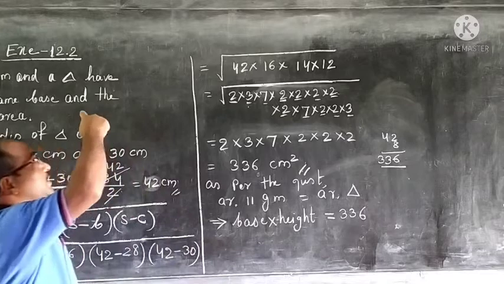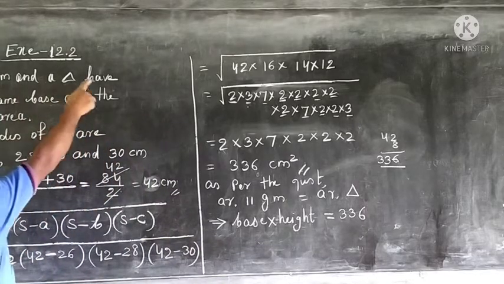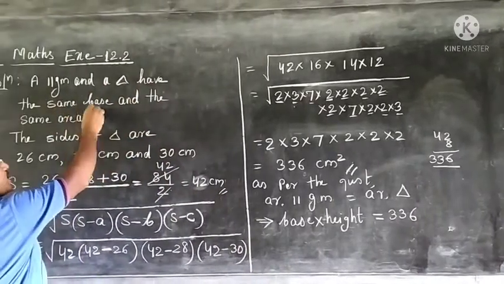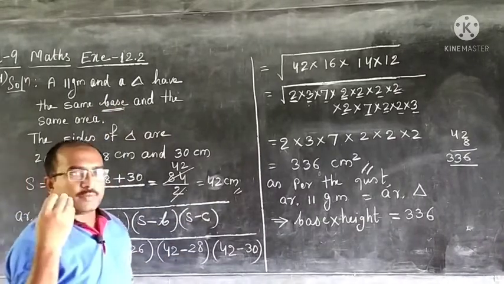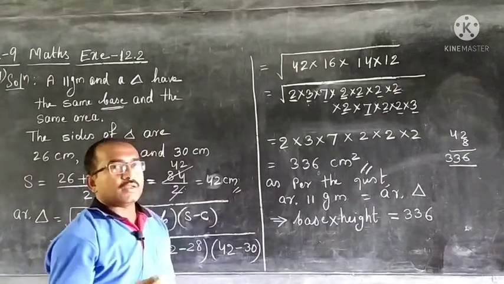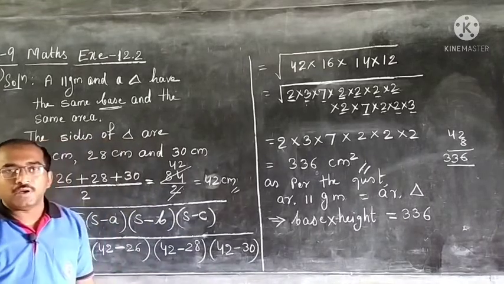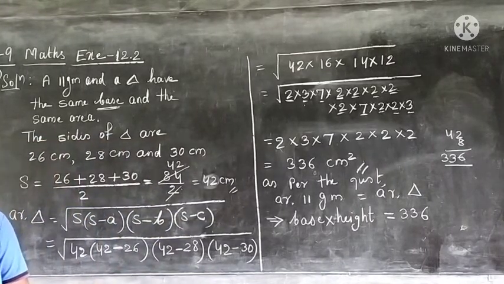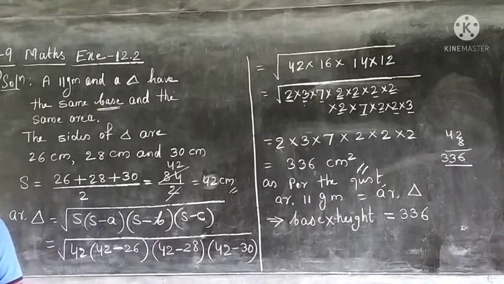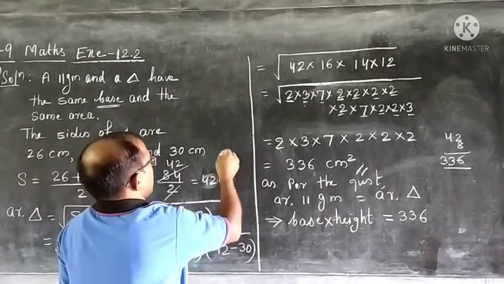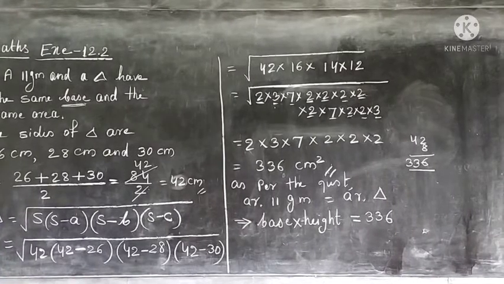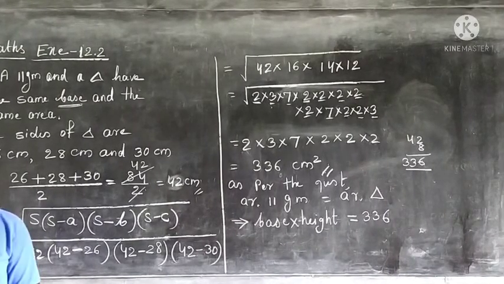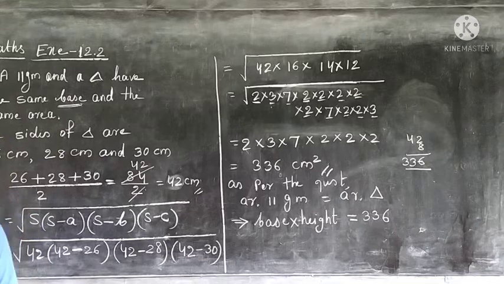Now, once more we will see the condition. The parallelogram and triangle have the same base, that means not only are the areas equal, whatever the base of the triangle is, that is the base of the parallelogram. And one more thing is mentioned: the parallelogram stands on the base 28 centimeter.